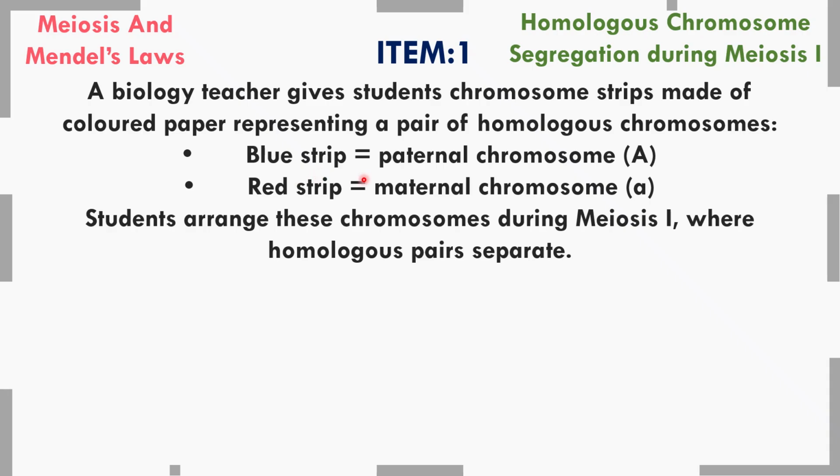Blue strips represent the paternal chromosome, capital A. Red strips represent the maternal chromosome, small a. Students arrange these chromosomes during meiosis 1, where homologous pairs separate.